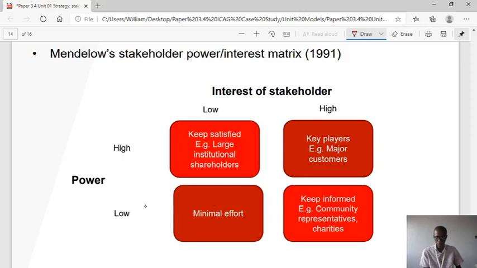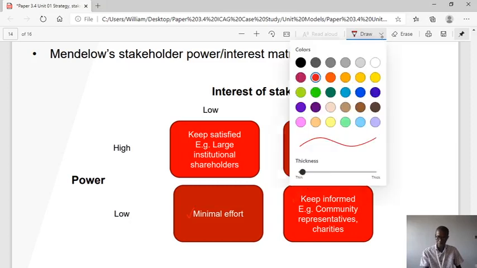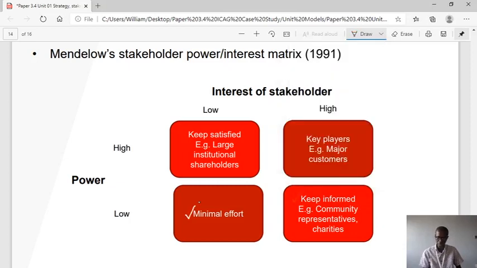If they have low power but high interest, we categorize them as keep informed. So this is where we have minimal effort. Keep informed, that is community, representatives, charities, and so on.